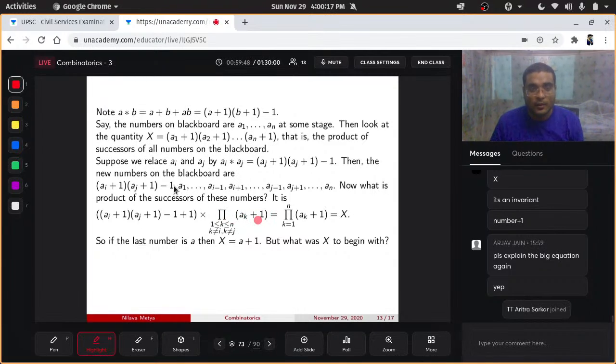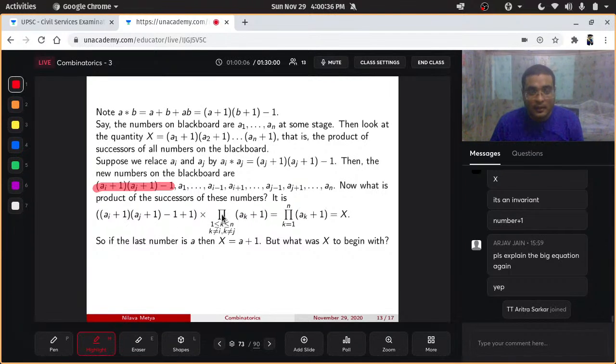So this is the product of successors for these numbers on the blackboard. But I need it for every number, so I add 1 to this highlighted number, and then multiply with the rest.